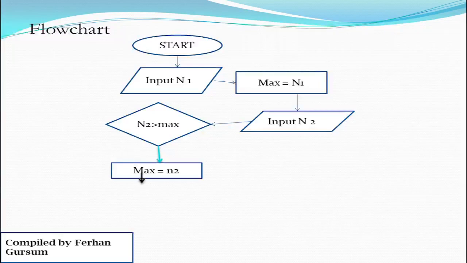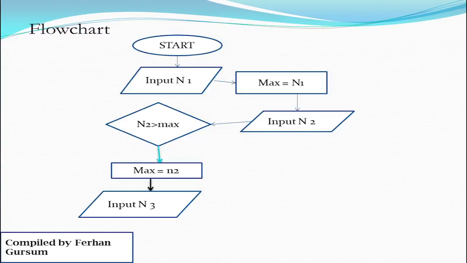Then what is next? We are going to take the third number, input N3, by using the input output diagram. But if this condition is false, what will happen? Max is N1. Okay, now directly after we take N3, we have to compare.